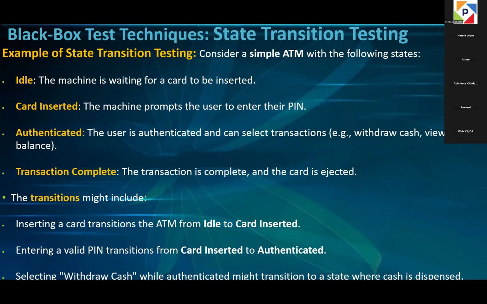Okay, what about if, in the first place, you insert your card and it prompts you for your PIN and you give a wrong PIN? It's going to tell you that's the wrong PIN, you should try again. And when you try again, you give a wrong PIN. It's going to prompt you again to give the right PIN.